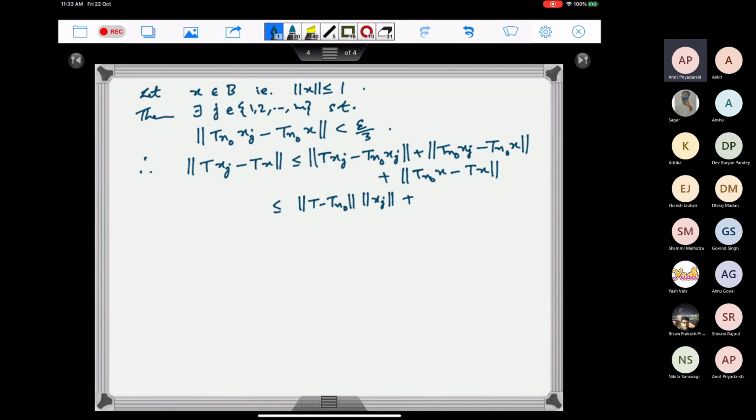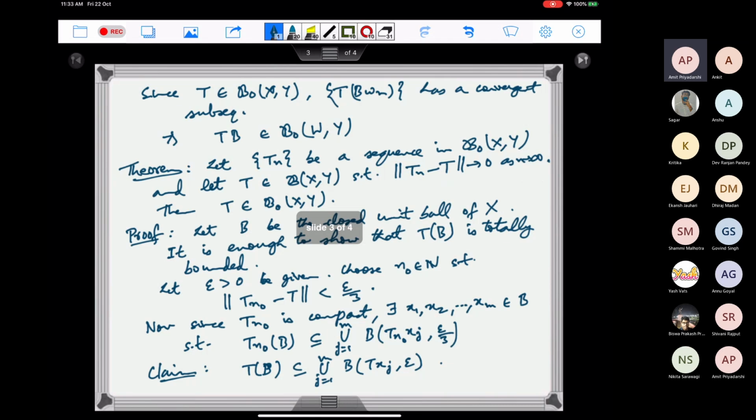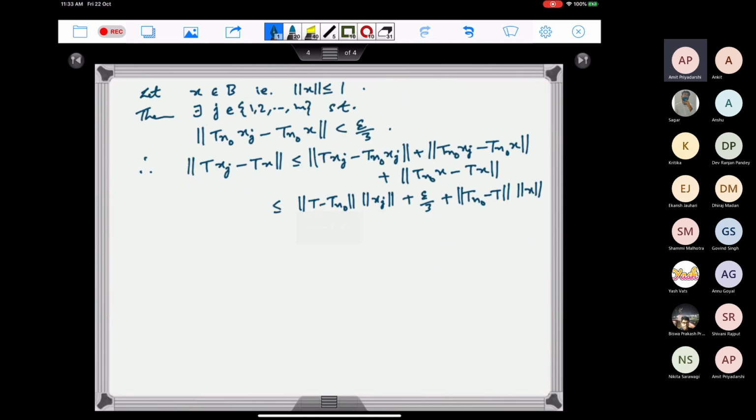and the other one, T_{n0} of xj minus T_{n0} of x, we know is less than epsilon by 3, and the last one is again norm of T_{n0} minus T times norm x. We know that the norm of T_{n0} minus T is less than epsilon by 3, because we chose this n0 such that this is true. Norm of xj is in the unit ball, so norm of xj is at most 1, and norm of x is also at most 1.